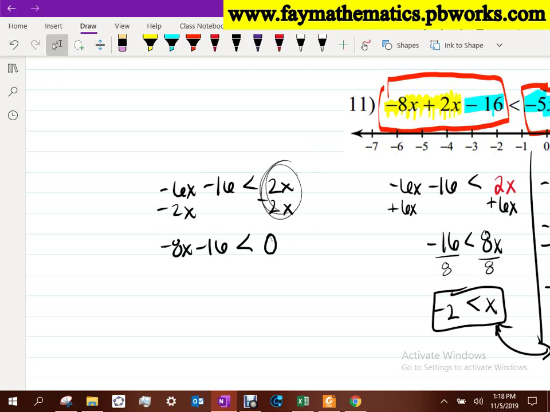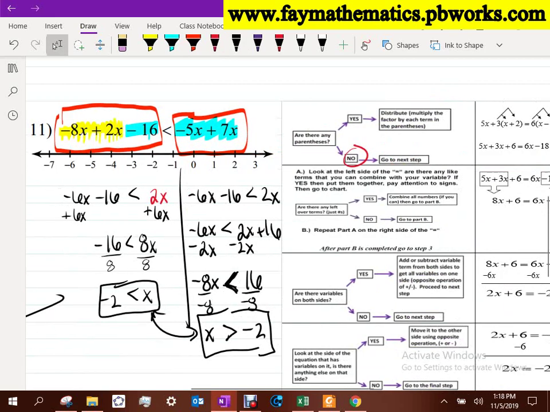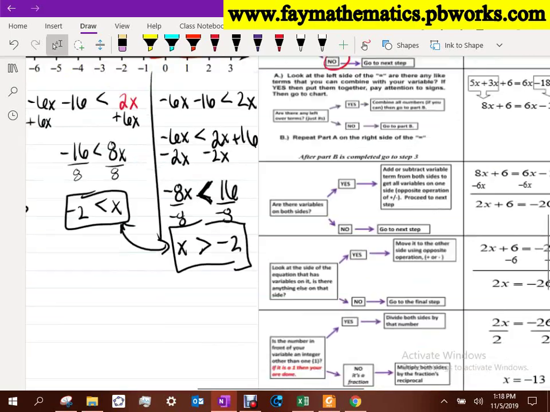To get x by itself, right? So maybe I look at that and say, okay, that's the x. Let's get that by itself. So what do I need to do? Add 16 to both sides. So negative 8x is less than 16. What do I do next? Divide by negative 8. So it gives me x, negative 2. Flip the inequality. Do all 3 of those answers in those boxes say the same thing? Okay.